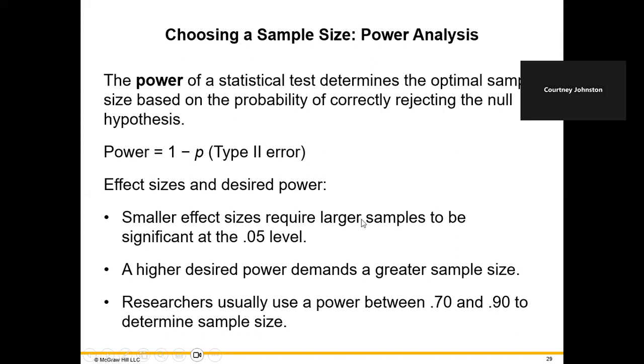As for effect sizes and desired power, smaller effect sizes are going to require larger samples to be significant. At the 0.05 level, you're going to need larger samples. A higher desired power demands a greater sample size. You can't have too many participants. Researchers usually use a power between 0.7 and 0.9 to determine the sample size.